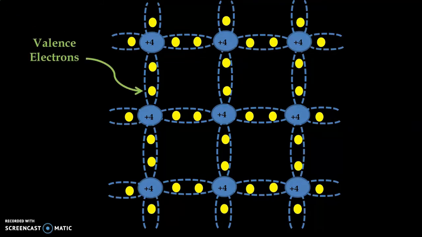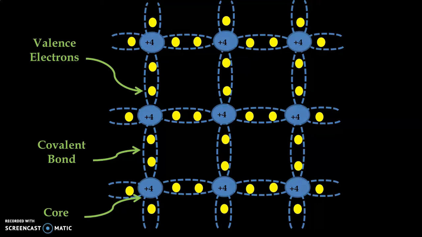So these are valence electrons, and the dotted line is known as a covalent bond, and we have the positively charged core. We can see that valence electrons are tightly bound with the nucleus, and that is why there are no free electrons available at absolute zero temperature in germanium and silicon.